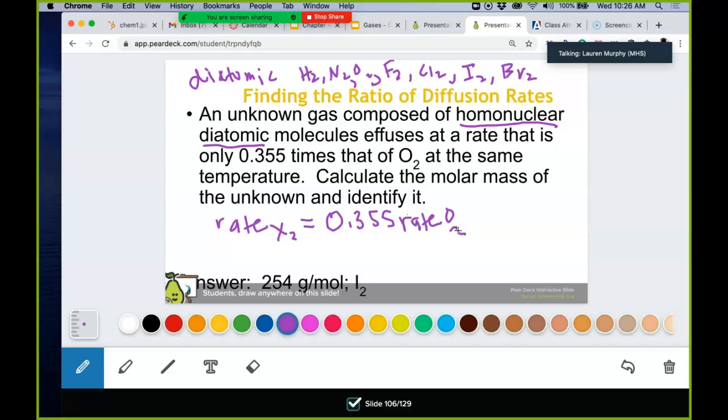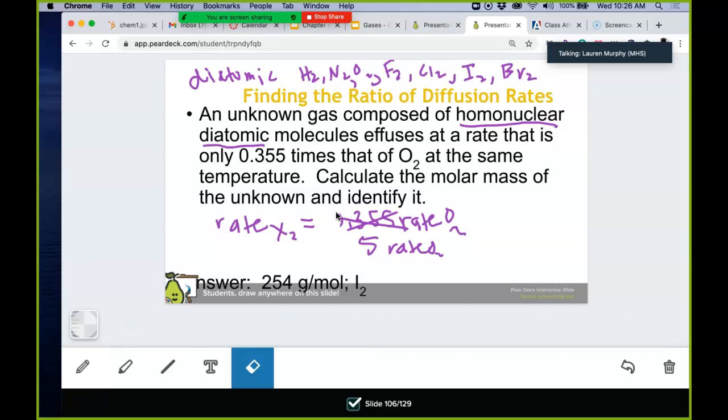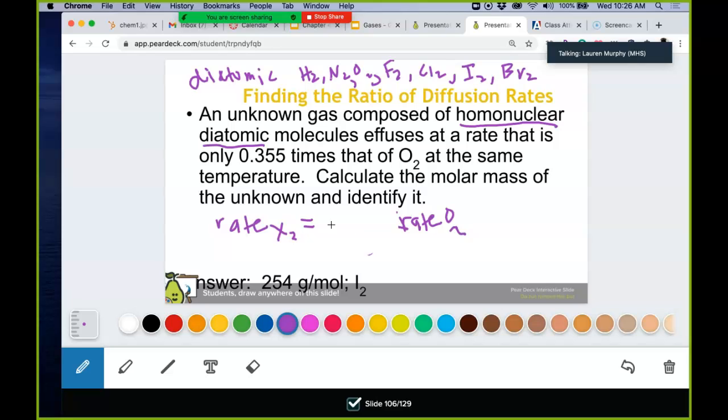And if you think about this conceptually, the rate of the diatomic is a fraction of the rate of O2, meaning this diatomic is heavier than O2. If this had said the rate of this unknown diatomic was 5 times the rate of O2, that would mean this guy is moving 5 times faster than O2. But because it's a decimal, we know that it's moving at a fraction of the rate of O2, which means it's not moving as fast as O2. So it's going to be heavier than O2.